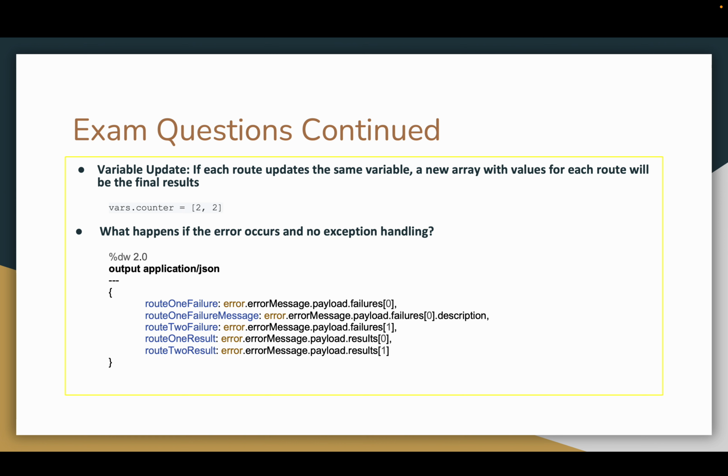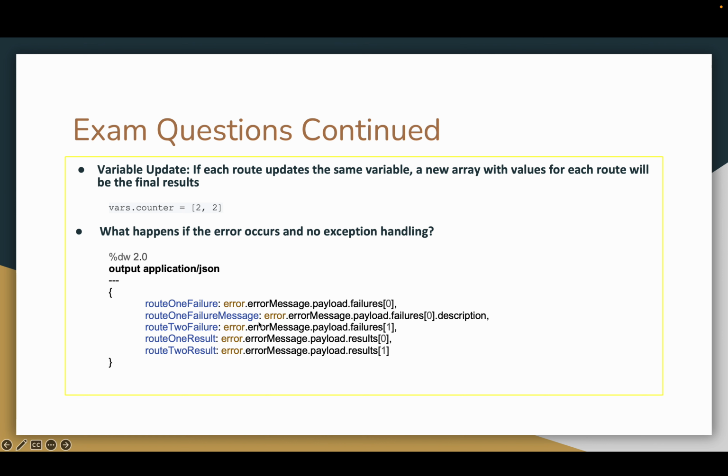So in general, we don't use on error propagate, because you don't want to stop the Scatter-Gather routing completely. That's why, but if you use on error continue, how do you access the successful payload? How do you access the error payload?